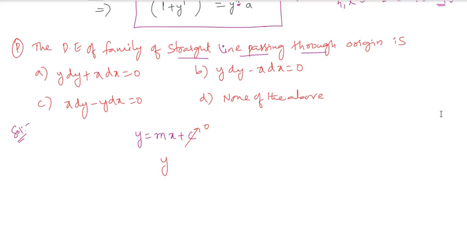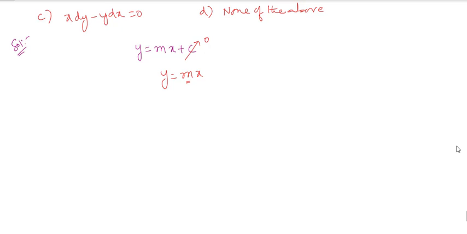So y equals mx will be the straight line passing through origin. Now I have only one constant. If I do the differentiation once, dy by dx is equivalent to m, that is y dash is equivalent to m.